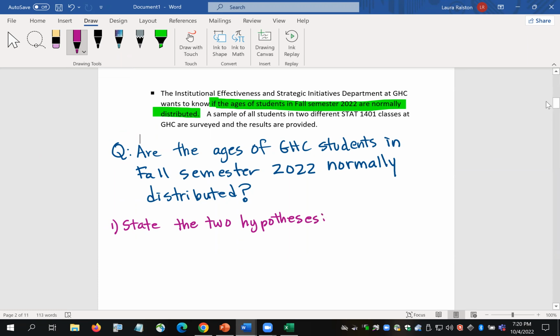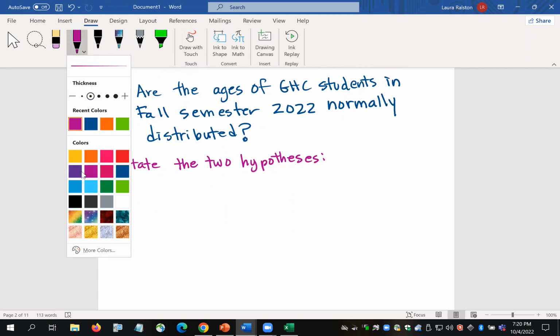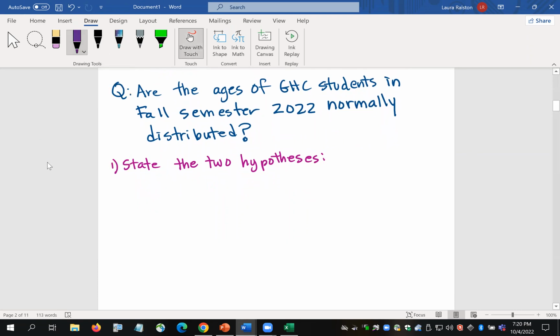You propose your answer to this question, and you label them H sub O for the null and H sub A for the alternative. And guys, typically when you write these, they're stacked on top of each other. The null goes on the top and the alternative goes on the bottom.